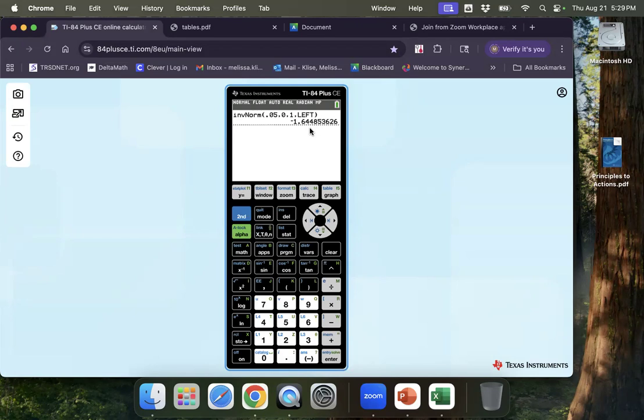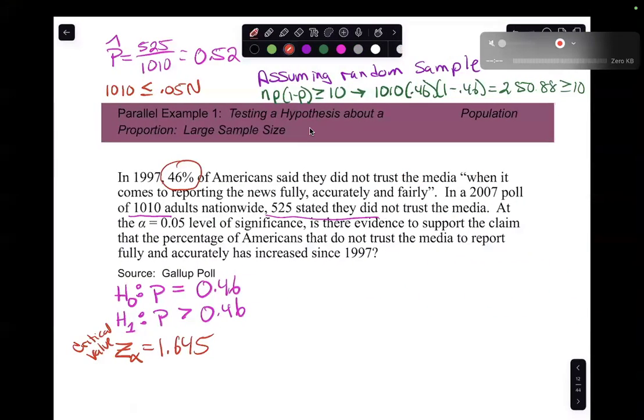If you wrote down 1.65 or 1.64, you rounded it to that instead. As long as you write down that that's the critical value you're using, I'm okay with that. But I want to see that that's what you're using rather than 1.645. Write it down. Okay.